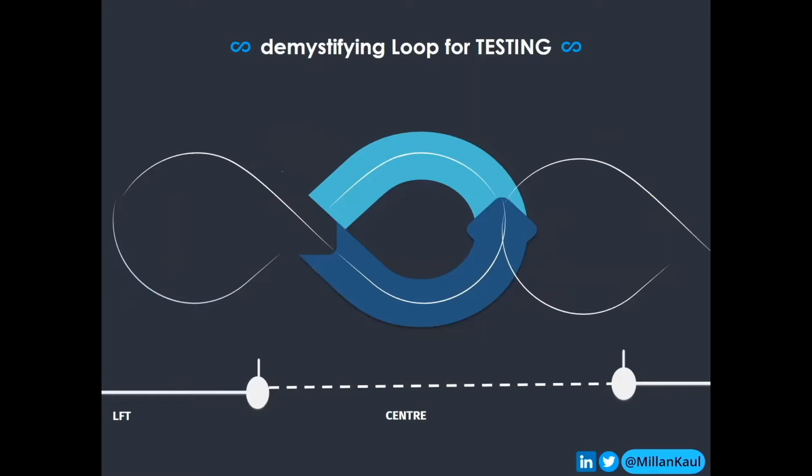Although most of the heavy lifting and shifting of testing happens in the center, now that we understand the relationship between the agile loop and testing, I guess it's fair to say that quality in testing is a journey, right? It can be confusing and may change from time to time based upon the project needs. And let me show you by giving some examples in the next slide.